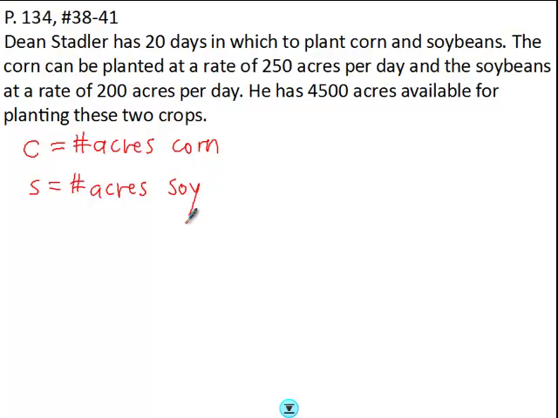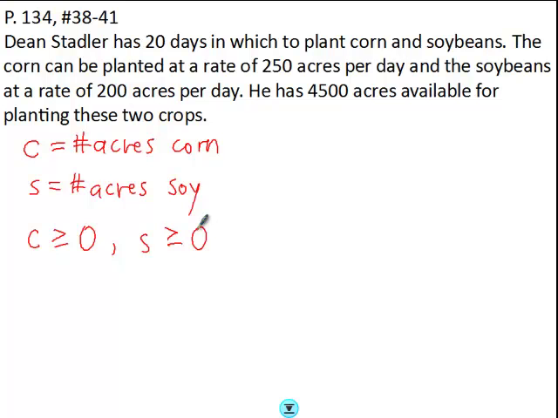Often we point out the very obvious to begin with, namely, he cannot plant less than 0 acres of corn, and he cannot plant less than 0 acres of soybeans.